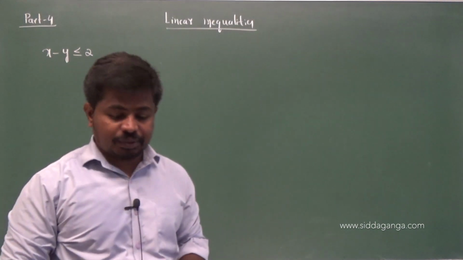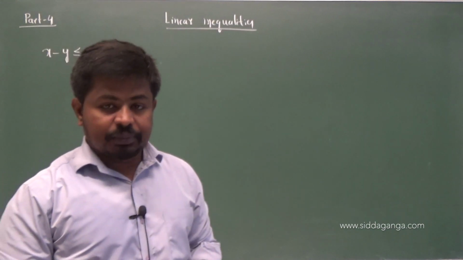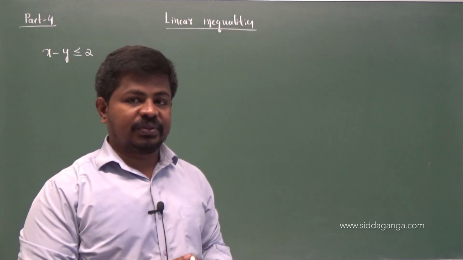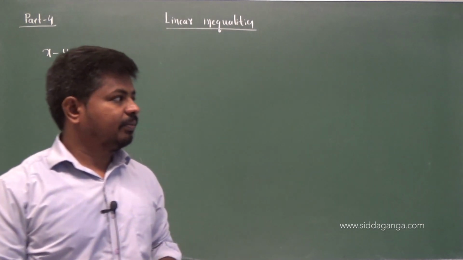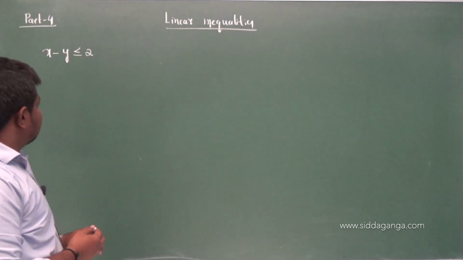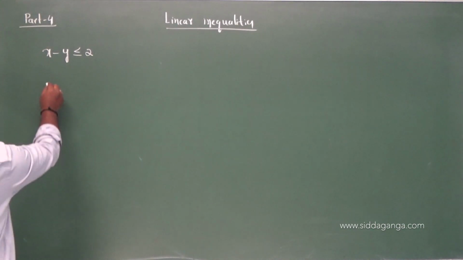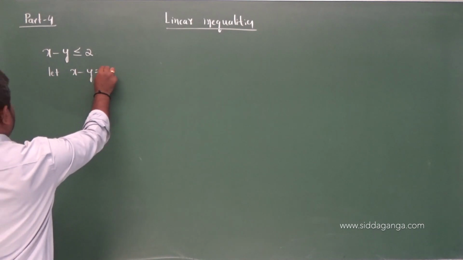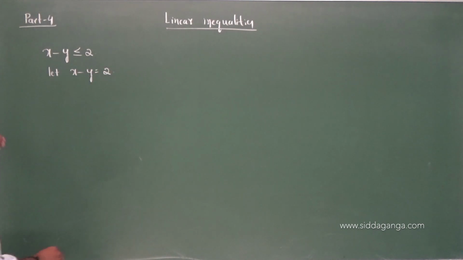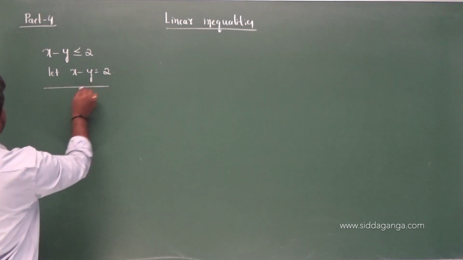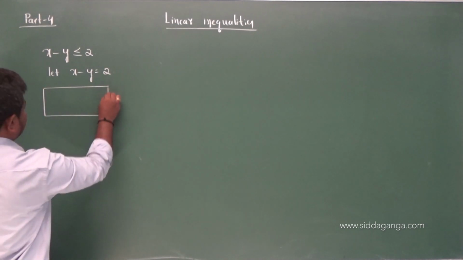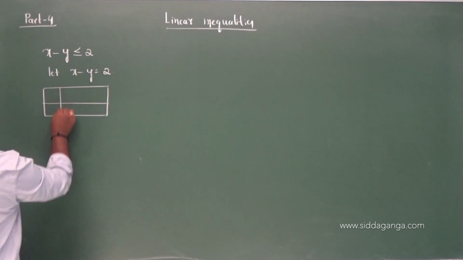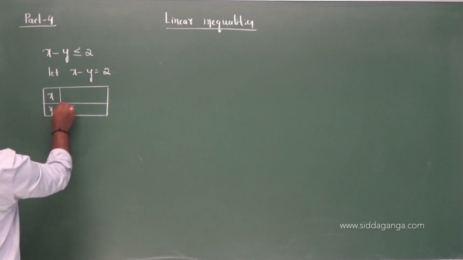Same as before, we are finding the solution for this inequality. The first step is considering the line x minus y equal to 2. This line passes through two points.